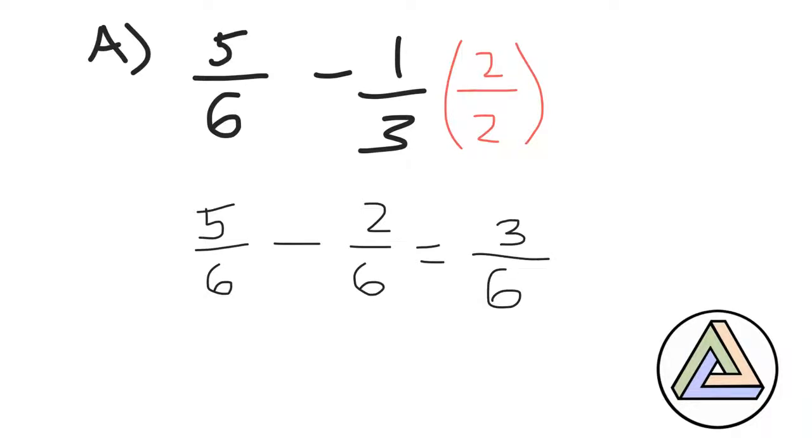So we end up with 3 over 6. Now, this is the correct answer. However, your teacher is probably going to want you to reduce any of your answers as much as you can. And it so happens that 3 over 6 is equal to 1/2. So that would be the final result that I would show to the teacher.